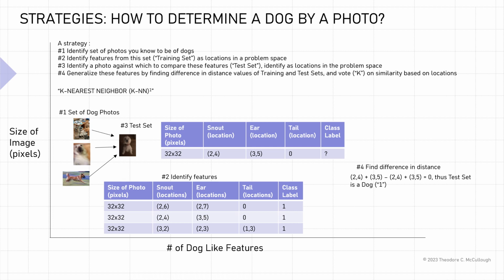Here we take values from the training set of, say, 2, 4, 3, 5, and we determine the difference between those values and the values of the test set of 2, 4, 3, 5. And here the result, in terms of distance, is 0. Thus, that means that the test set photo is that of a dog.